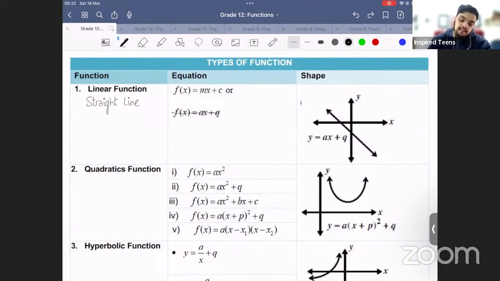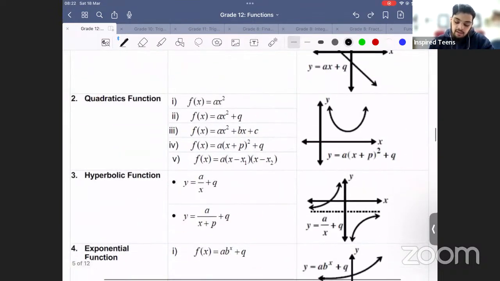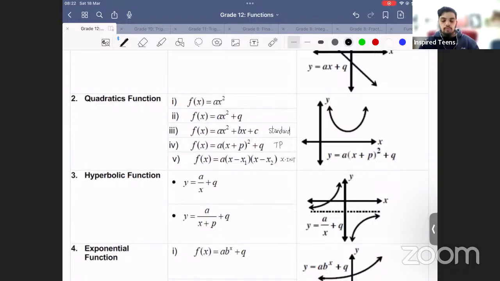It's basically a straight line. We have quadratic functions. Now you might be wondering, why are there more than these three? Because these are the main three that we learned: this is standard, this is TP, and this is x-intercept form or root form.